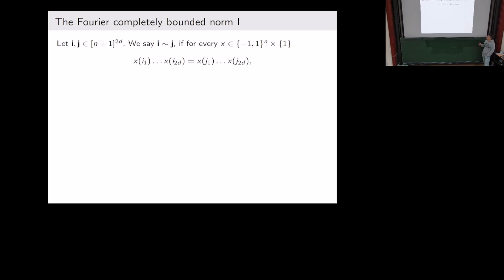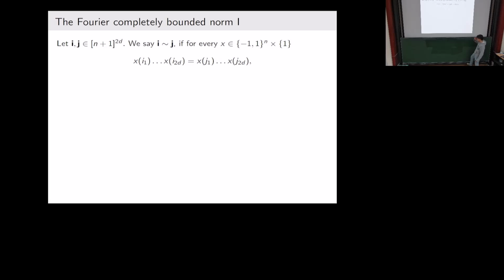We're going to say that two of these are equivalent if, when you take a Boolean string of n variables and then an extra variable that is always set to 1, and you take the products of x indicated by the entries of i and the entries of j, these products are the same. So i and j are equivalent if these products are the same for every element of this kind.